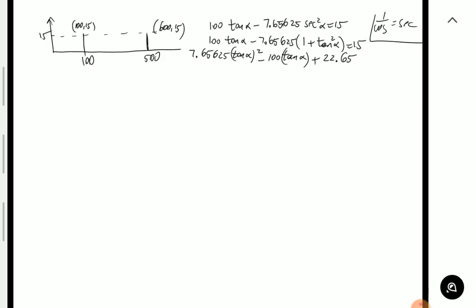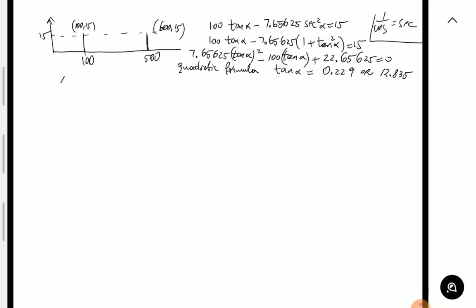I did it with the calculator, so if you see a typo, let me know in the comments. But obviously you have to do it with the calculator. So now just use the quadratic formula and solve for tangent of alpha. If you do it correctly, tangent of alpha should be equal to either 0.229, two solutions, or 12.835.